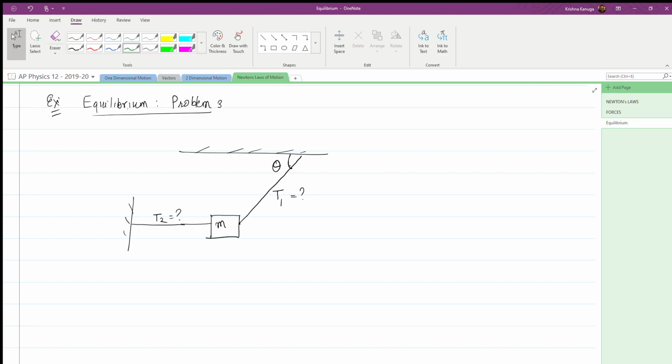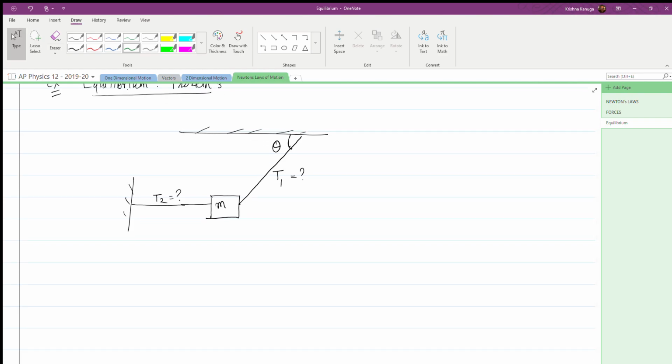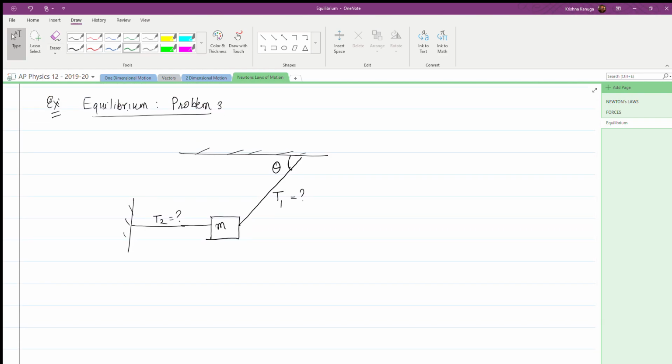So what I suggest you do at this point is draw the free body diagrams, and then set up the equations and solve. Go the whole way. Find T1 and T2. The only restriction is that your answers can only be in terms of the mass m and the angle theta.